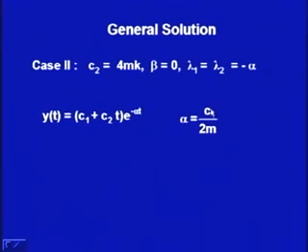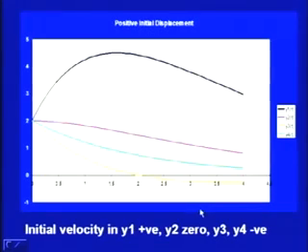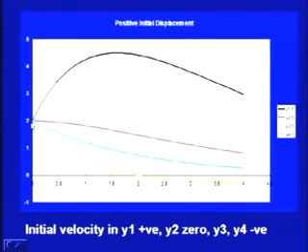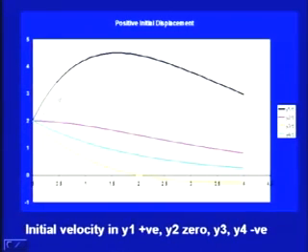In this case, I take some values of c and m such that c square is 4 m k. Again I have taken the initial condition that the initial displacement y 0 is positive, and that is 2. Again, with the second initial condition about the velocity, we have divided it into positive, negative and 0.